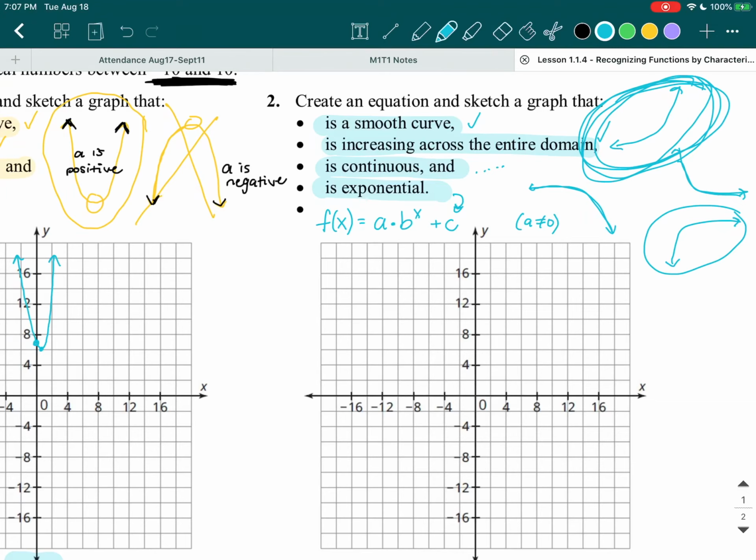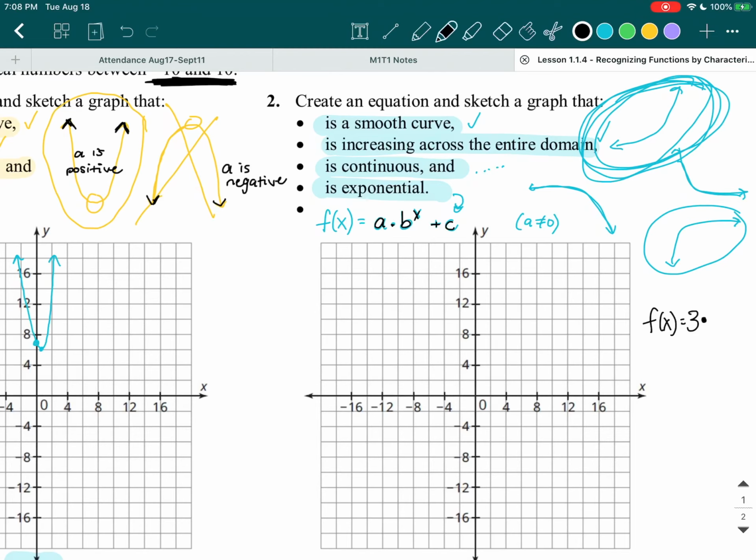So let's just choose numbers. We can just choose whatever numbers we want. So for a times b to the x plus c, let me write an equation over here. F of x is equal to, I'm going to choose 3 as my a value, times my b value.